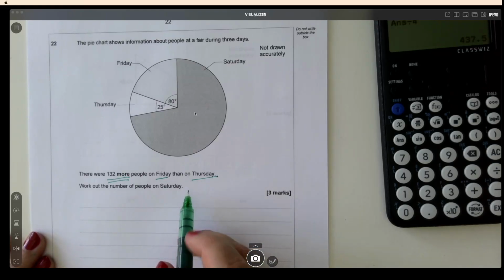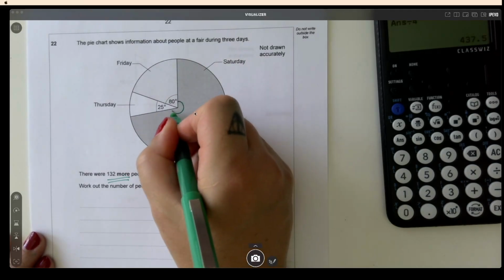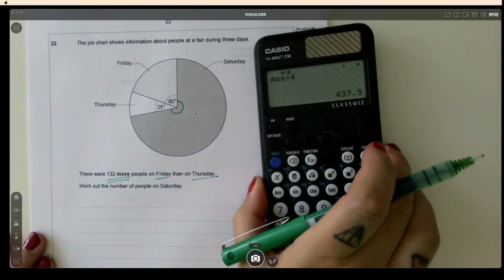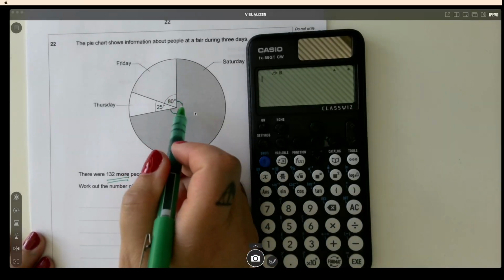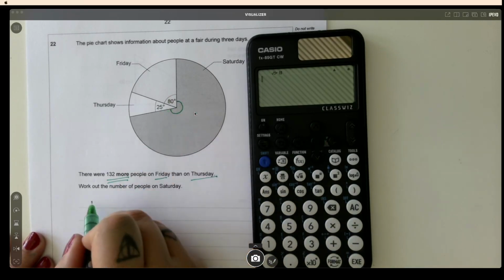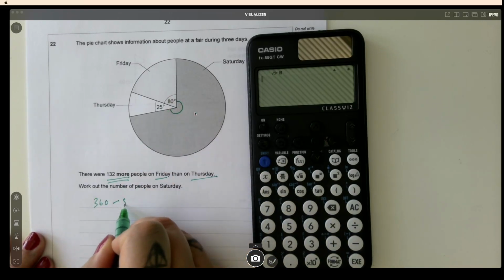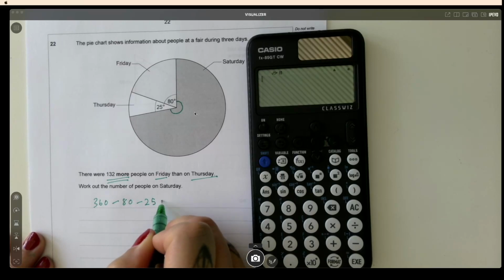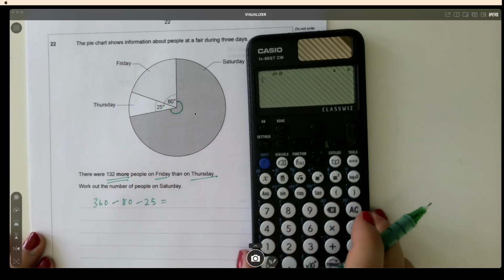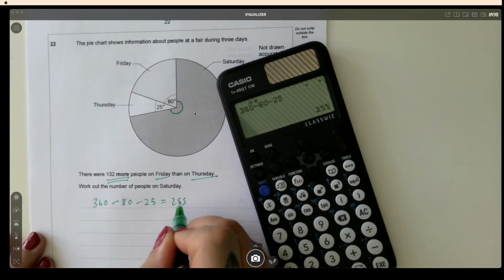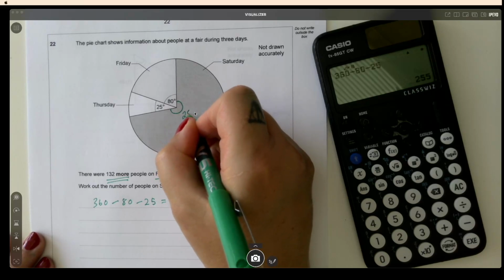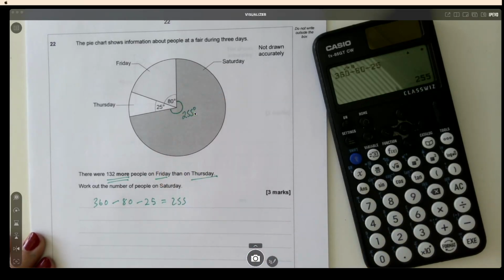So the first thing we're going to need is the angle of the proportion of the pie chart for Saturday. So this is a full circle, so they're going to sum to 360 degrees. So we're going to do 360 subtract 80, subtract 25, the 2 angles that we know. That's 255 degrees. So Saturday is 255 degrees.